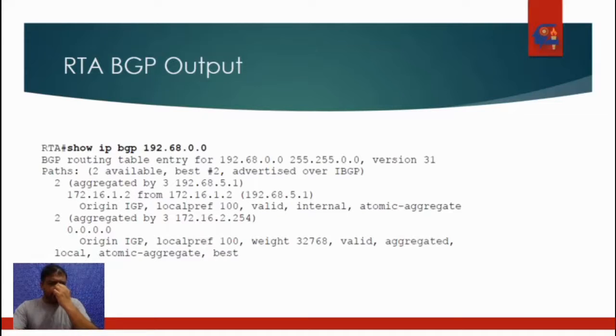The output on the screen illustrates that the aggregate's path information is now 2 and not 1, 2. This means that the aggregate can now be advertised to autonomous system 1 because the autonomous system path does not include autonomous system 1. Autonomous system 2 will not be able to receive the aggregate here.